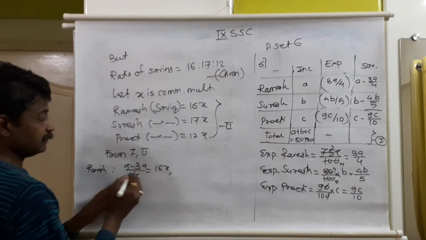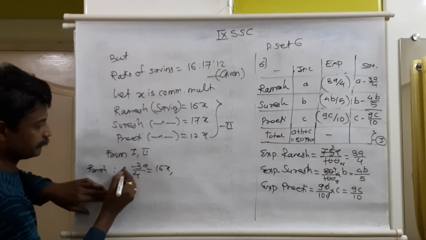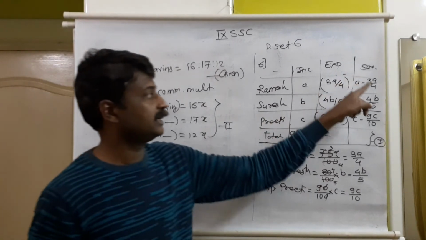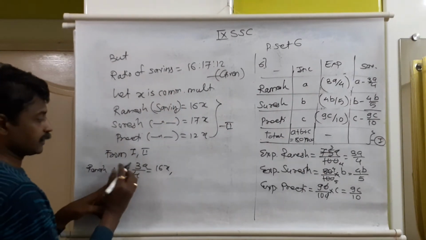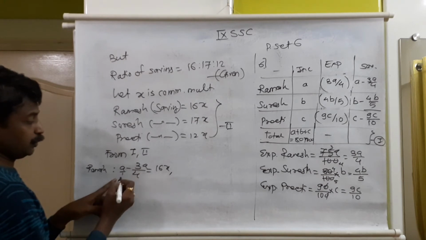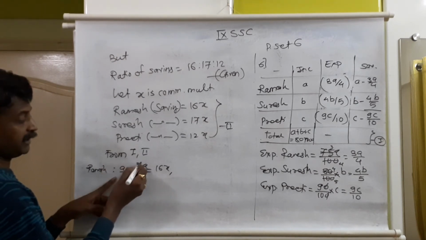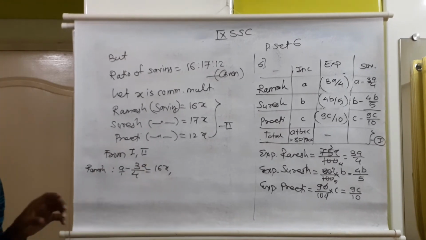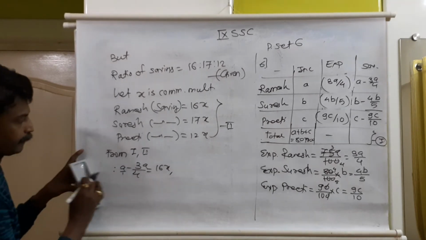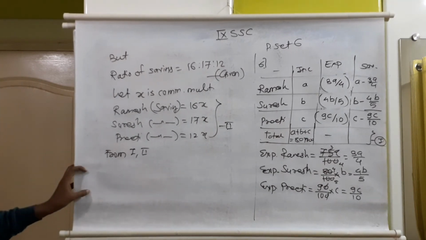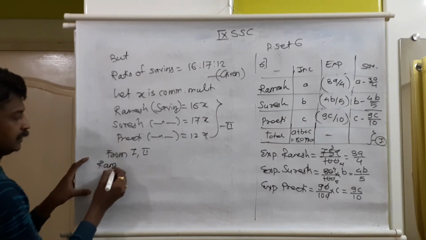So A minus 3A by 4. If we simplify it, the denominator of A is nothing but 1. So by cross multiplication, 4 into A, 4A minus 3A, how much remains? I will write it down so you will understand it better. From first and second, the first person is Ramesh.